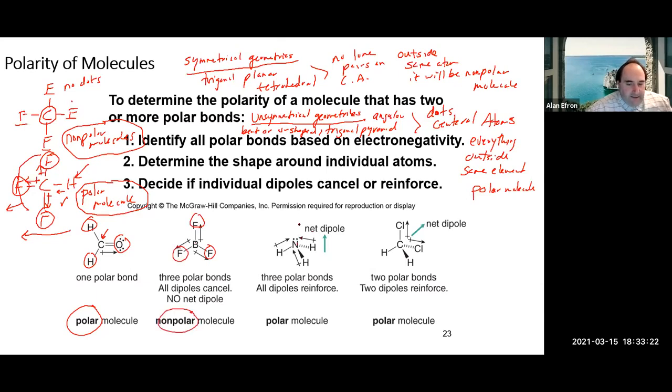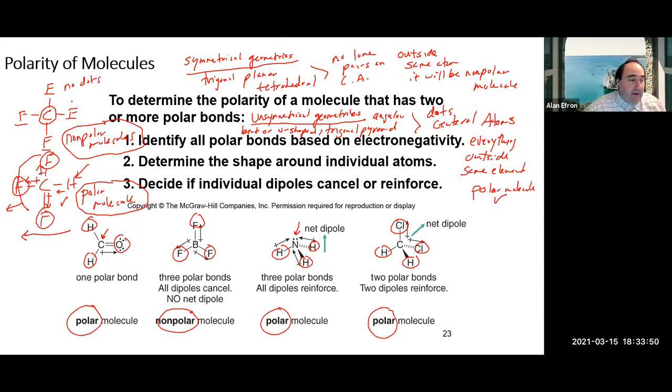We look at the central atom, I see dots, I see everything on the outside is the same, polar, like this guy. I look at the central atom, I see no dots, but everything on the outside is not the same, I see polar molecule. So that's a very quick way, and probably 97, 98% of the time, you'll be okay. It's a very good way to sort of figure out the polarity.